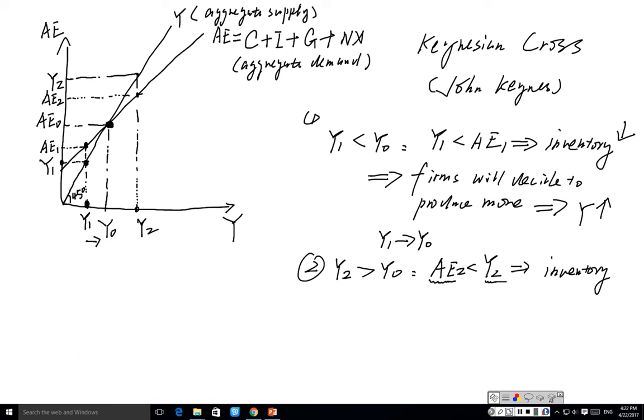You can imagine, because the goods and services produced here are much higher than what is demanded, the inventory level is going up. Inventory going up means what? The firms may not sell out all the products they want to sell, and the firms will decide to cut the output.